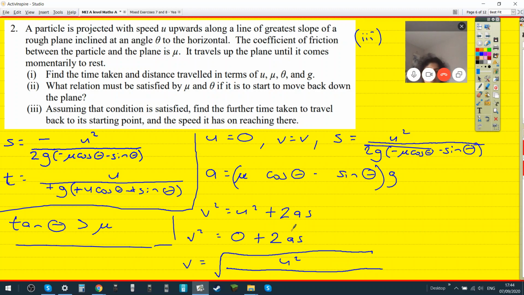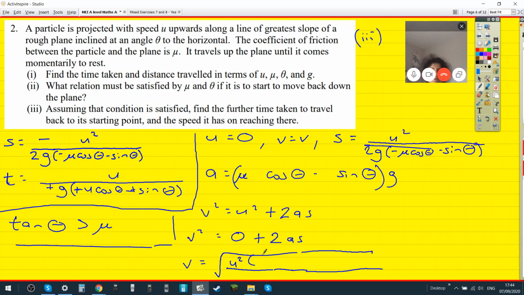It's 2 times that, so this 2 cancels as well. So I think you'd have u squared over mu cos theta minus sine theta, and then over minus mu cos theta. I shouldn't write u squared because we're just multiplying those two. So why can't you write u squared?